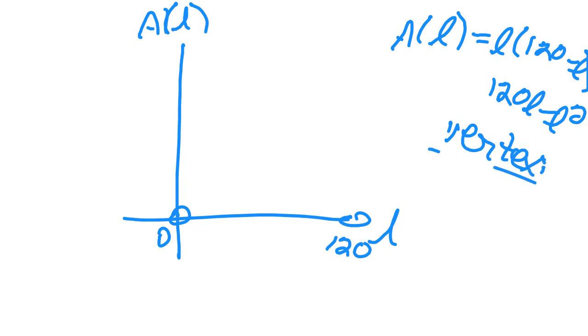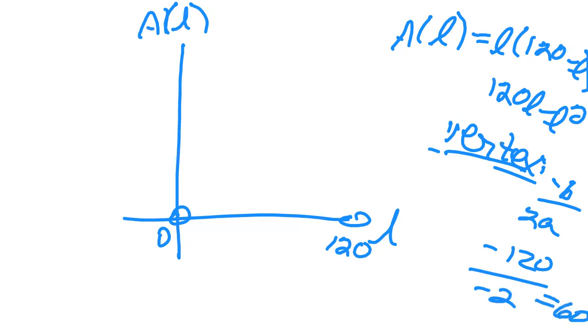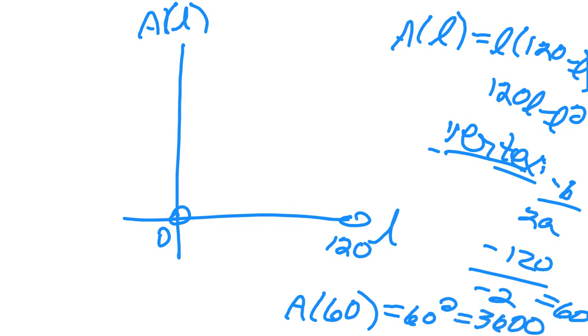The vertex occurs at negative b over 2a, and negative b, the opposite of b, would be minus 120 over 2a would be minus 2. That occurs at 60. And if I plug in 60, what is A of 60? Well, it's 60 times 60, or 60 squared, which is 3,600. Okay, so 3,600, we'll just put a vertical scale on there. When I'm right in the middle at 60, I'm at 3,600.